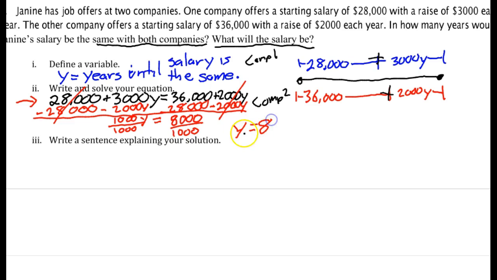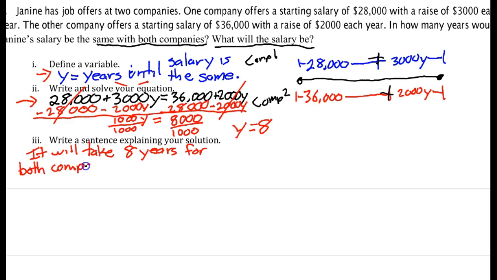So Y equals 8. What does 8 stand for? Yeah, back up top, right? Years till they have the same salary. So it will take 8 years for both companies to have the same salary. Now, what we're trying to avoid by having this last sentence is not just saying, oh, it's 8.